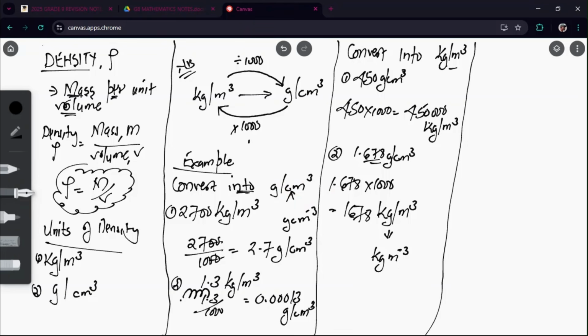Right, let me pick the last example for this. This was example 1. Let me pick example 2. We pick a quick one that is different from this.